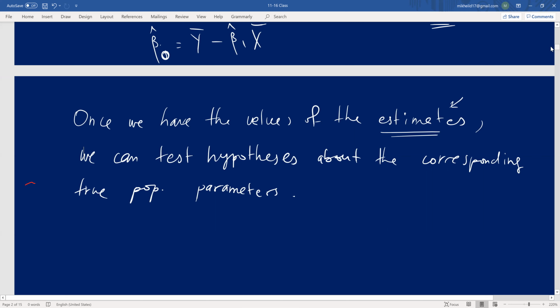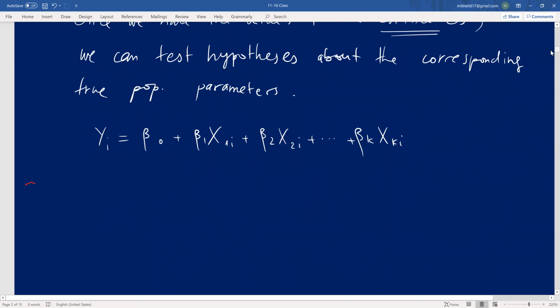Let's say I have this model, okay, and let's say we want to test the hypothesis about beta.